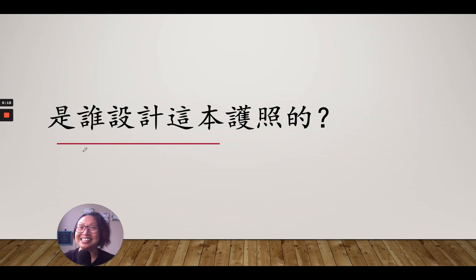All right, let's get started. The second word right here is the word 誰. Who? Who is it? So we have the 言字邊 right here. Then comes the next word 設 and the word 計. 設計 means to design. And both of these words have the radical 言字邊.